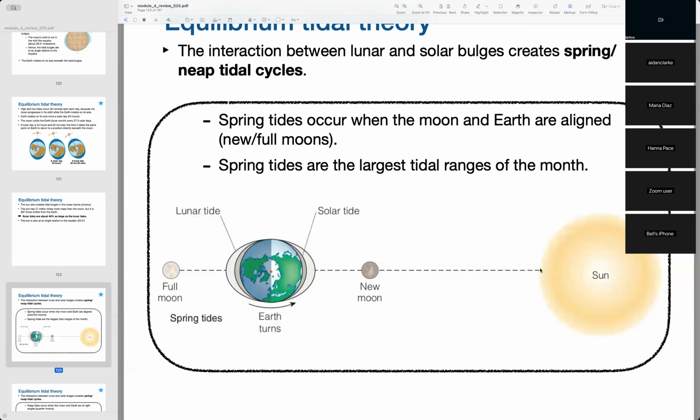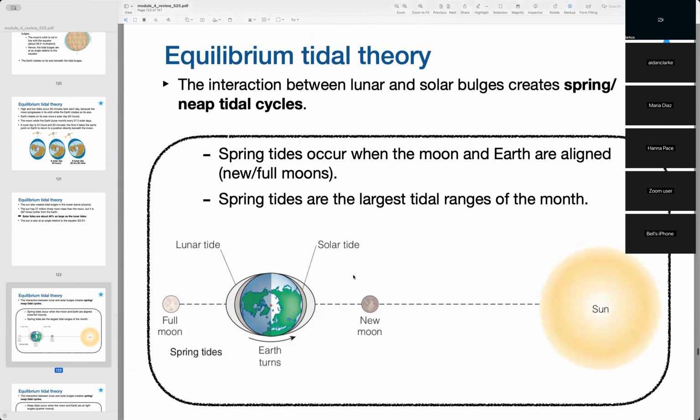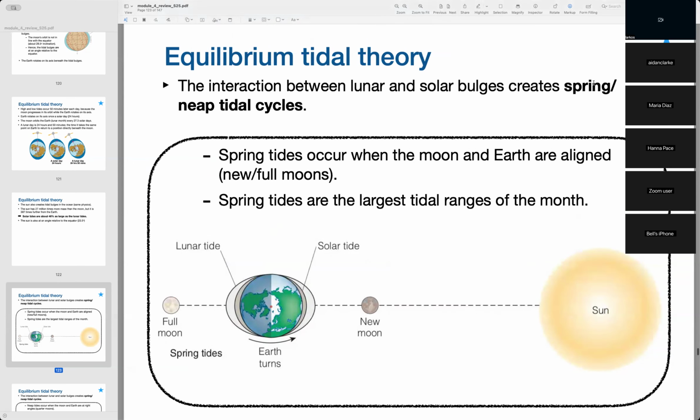If the moon and the sun are aligned, which happens either at the new moon or the full moon, then these tidal bulges add up, and we have particularly high tides, which are called the spring tides. Since the moon goes around the Earth in about a month, that happens twice a month.